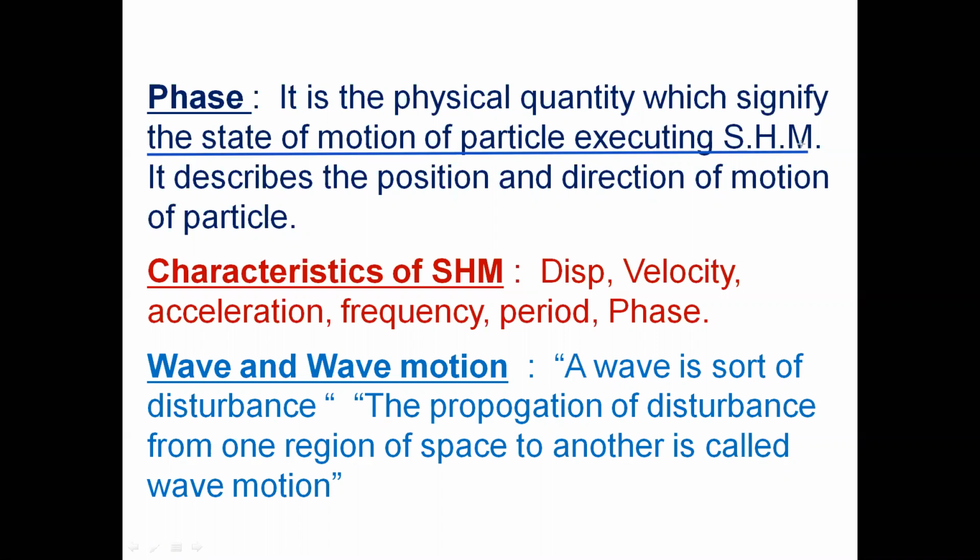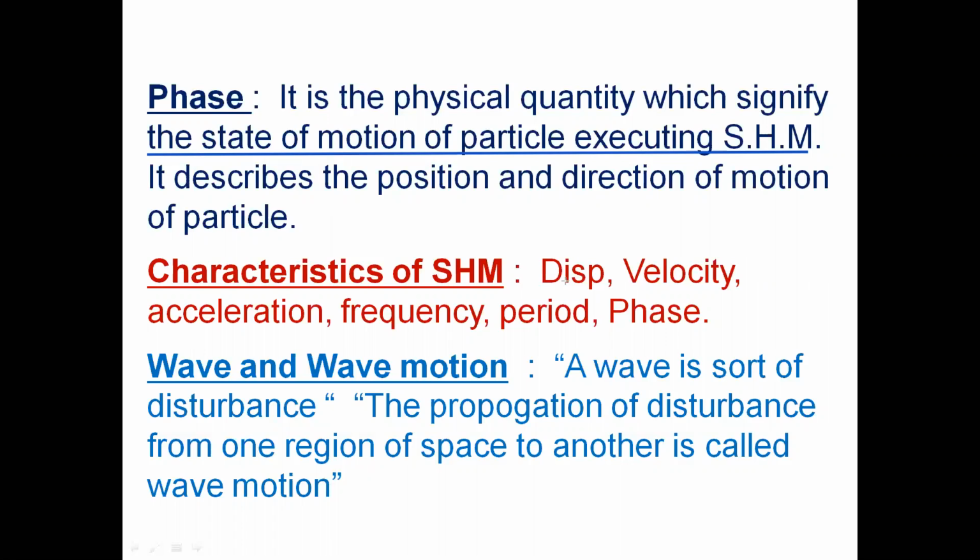At any instant of time, the particle is moving in circular motion. While moving in circular motion, where the particle is at any instant of time, pertaining to that simple harmonic motion, that is called the phase of the particle.